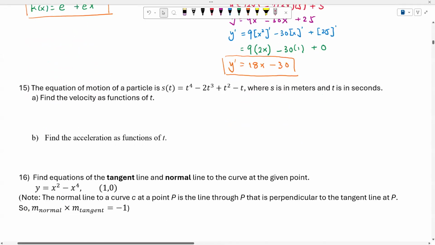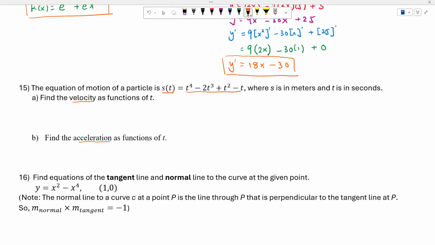Then now we have a position function for number 15. And I would like to find the velocity and also the acceleration of the function.